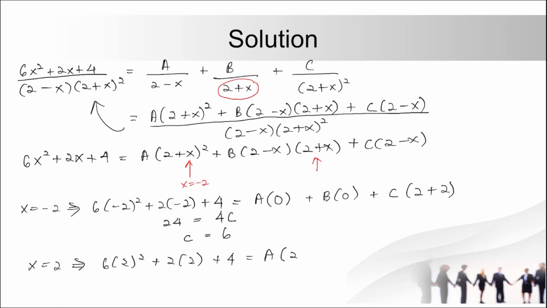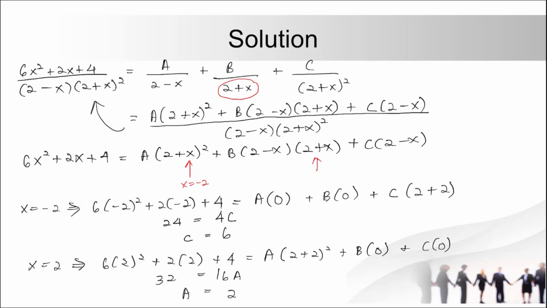We have here A times 2 plus 2. How about B? B times 0 and C also 0. Then you are left with A only. So 32 equals 16A, then we have A equals 2.